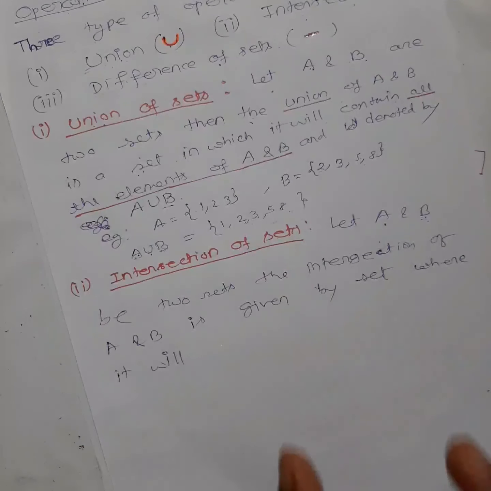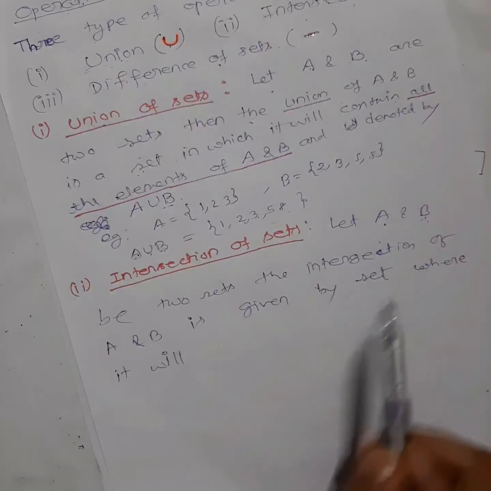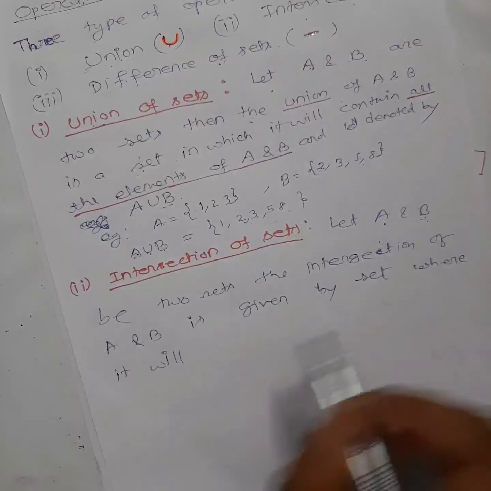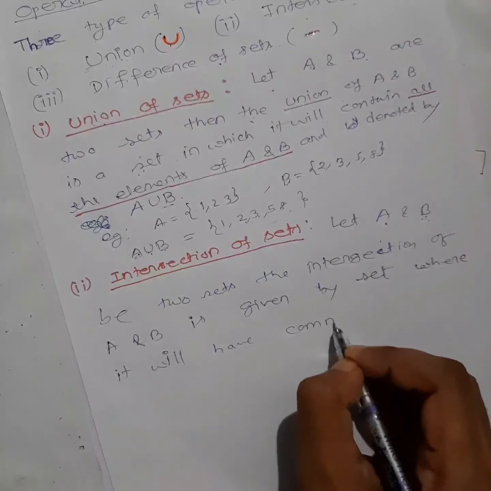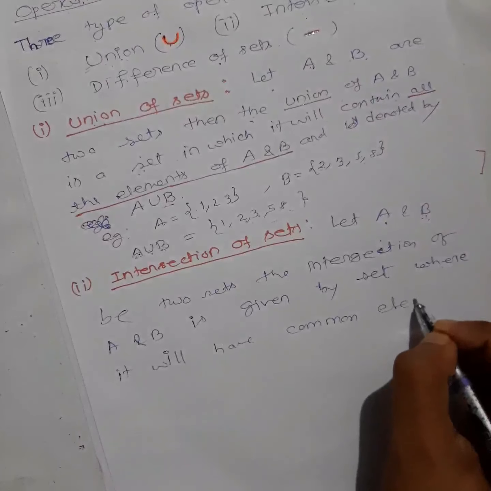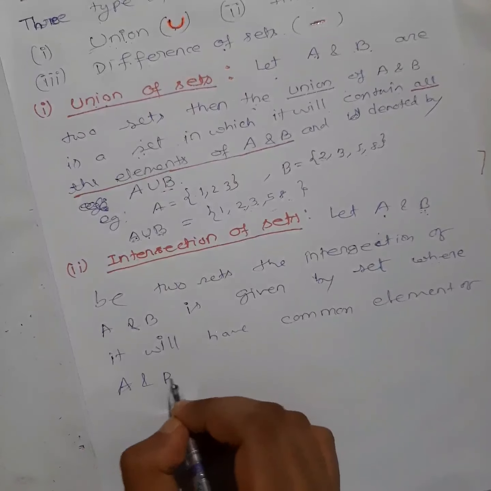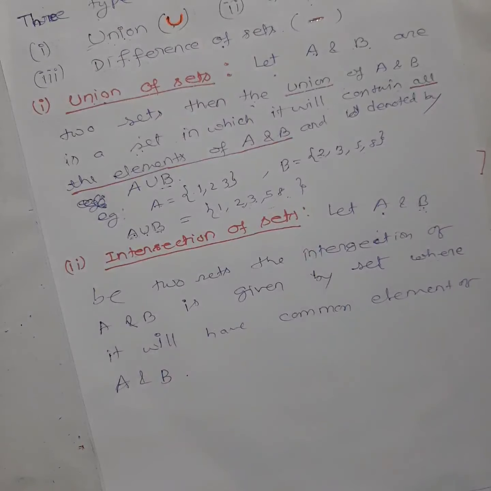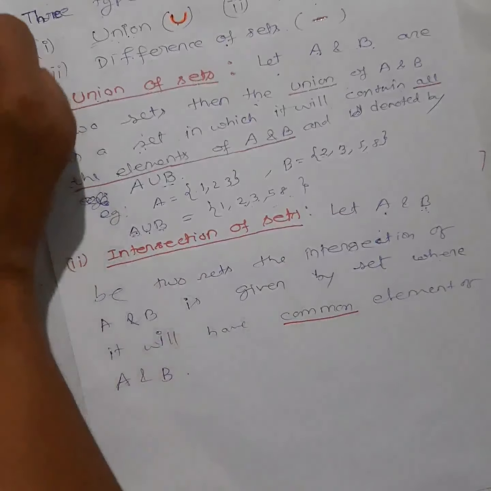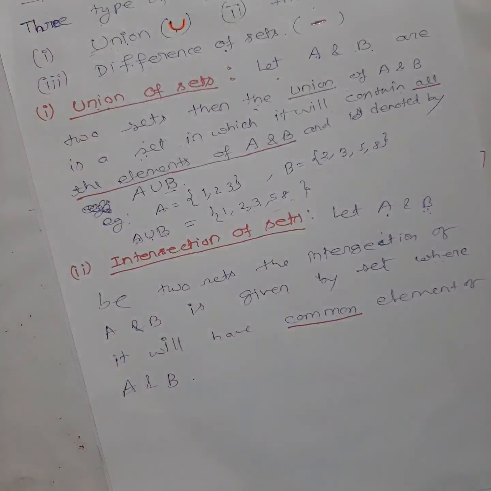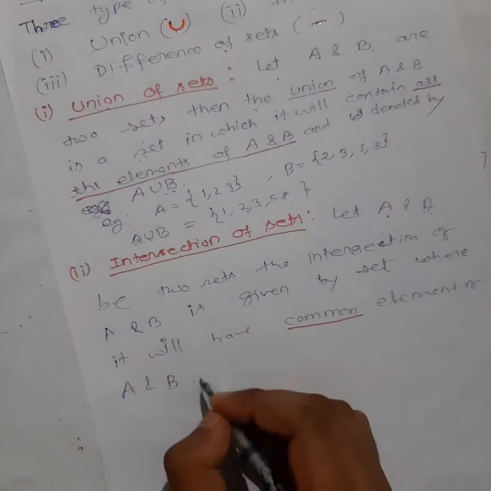So in that set, what kind of elements do you have? The set will have the common elements of A and B. You can underline this word common.